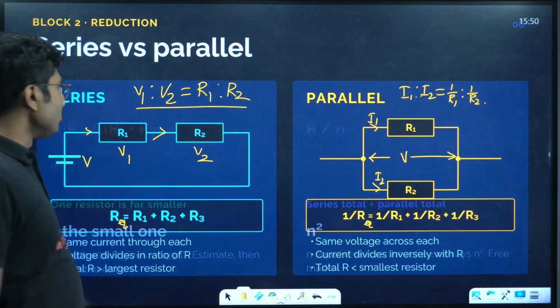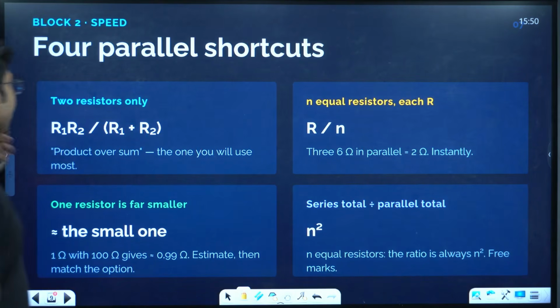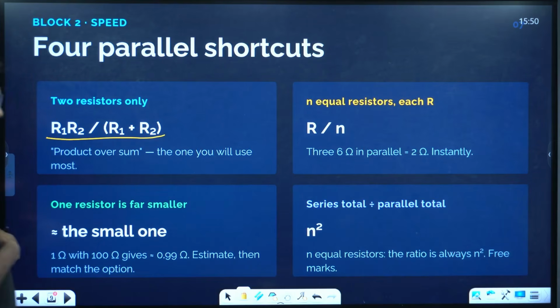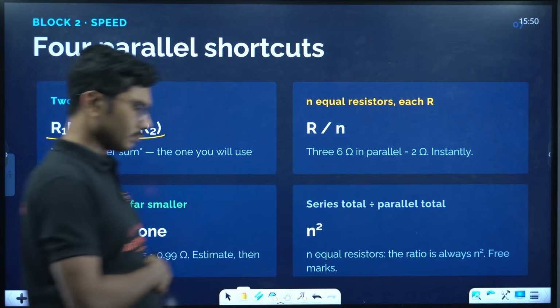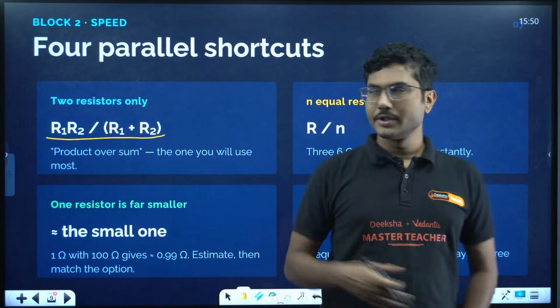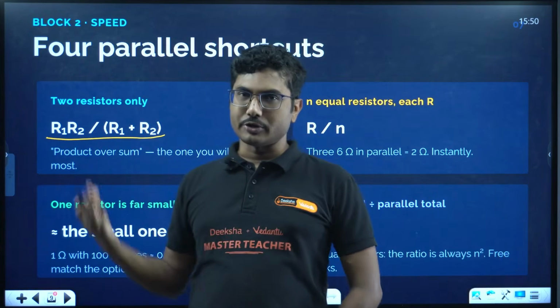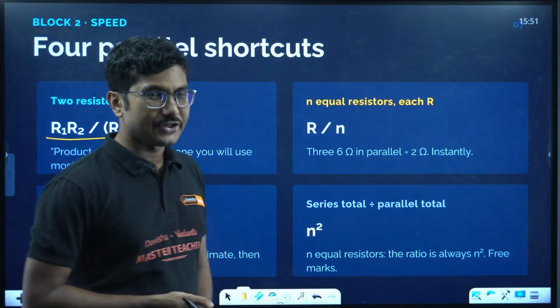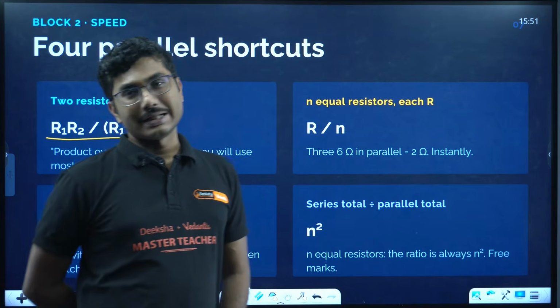Okay, now let's move on. If only 2 resistors are connected in parallel, the equivalent resistance shortcut is R1 R2 divided by R1 plus R2. Most of us know this shortcut. This one is a common shortcut. But if n equal resistances, each of resistance R, are connected in parallel, then what to do?